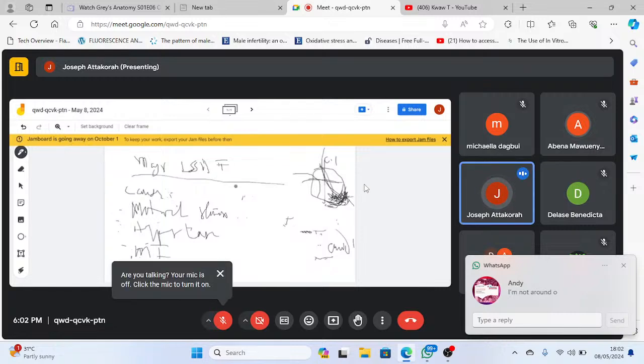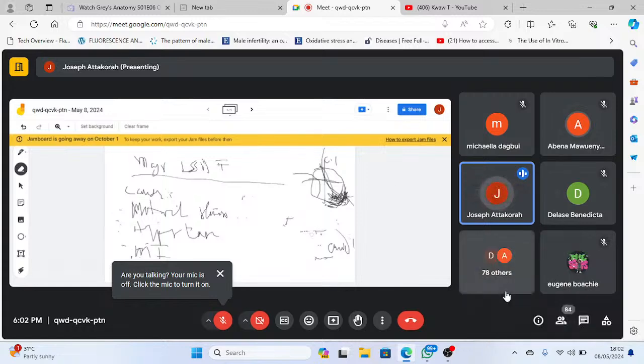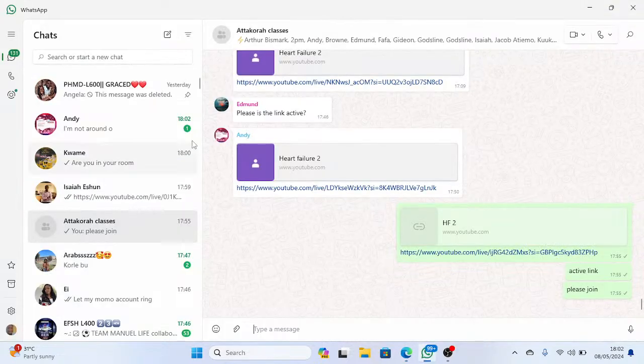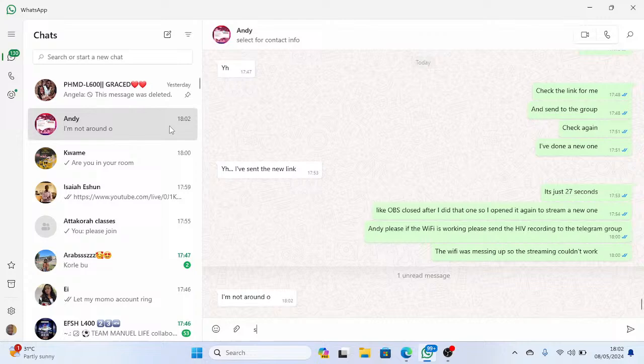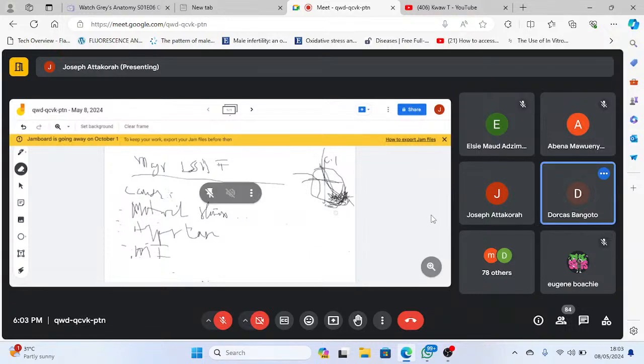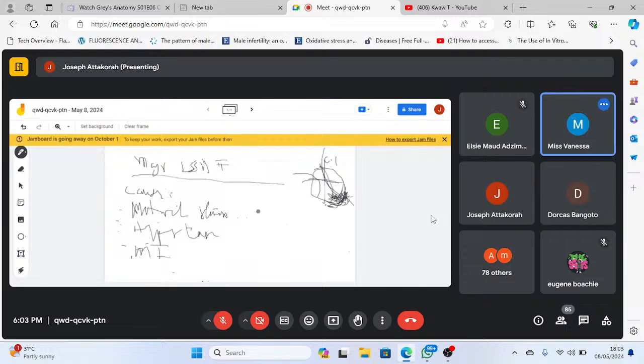Tell me the major clinical manifestation of the left-sided. Please come again. Cough.